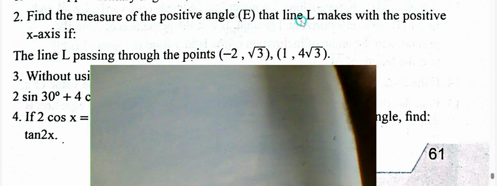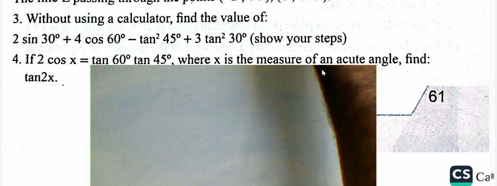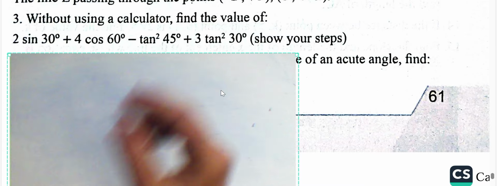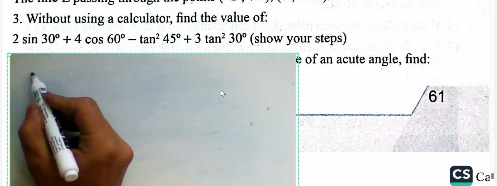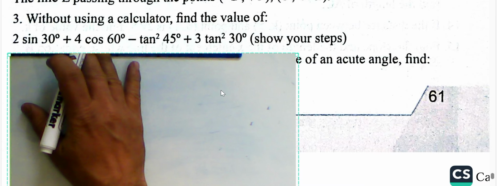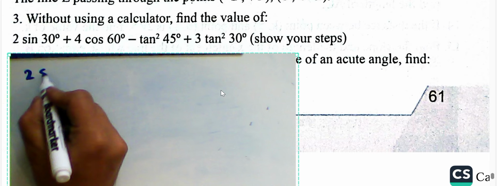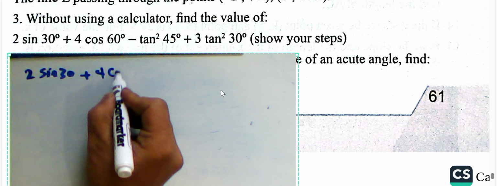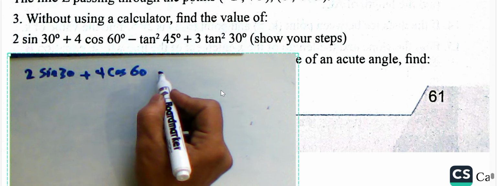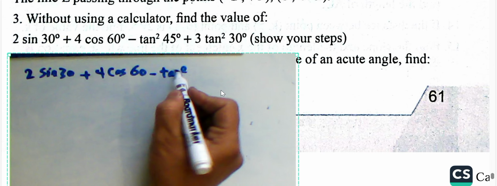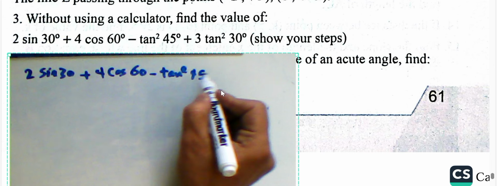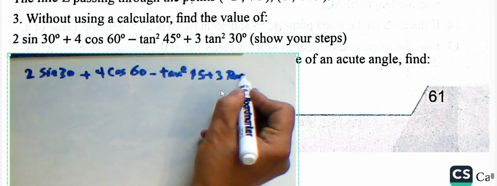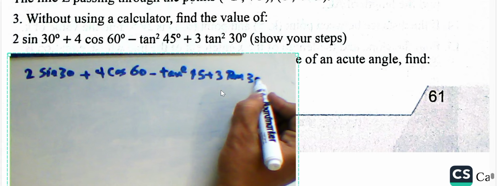Next question. Without using a calculator, find the value of this and show your steps. We have 2 sine 30 plus 4 cosine 60 subtract tan 45 power 2 plus 3 tan 30 power 2.